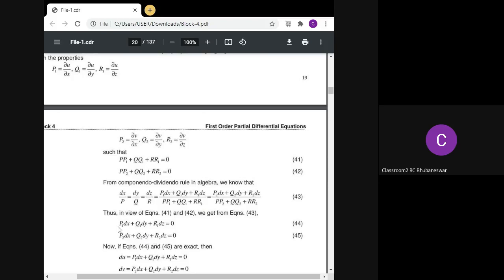That means P1 dx plus Q1 dy plus R1 dz equals 0. Similarly, the second one will be converted to P2 dx plus Q2 dy plus R2 dz equals 0.